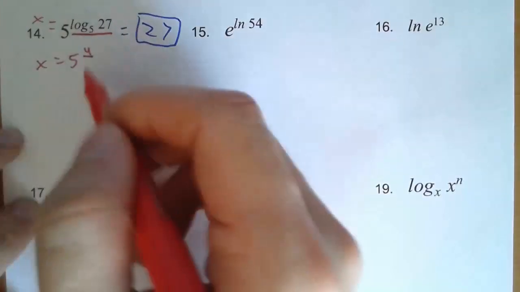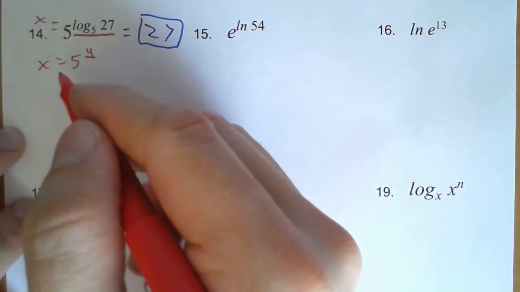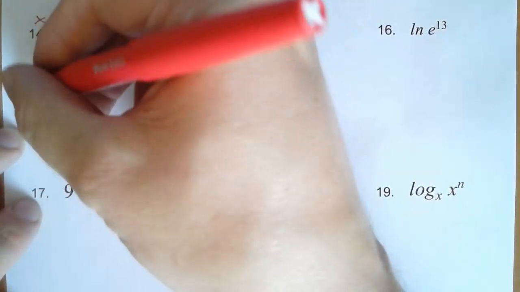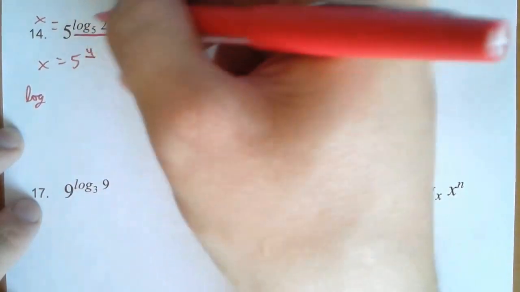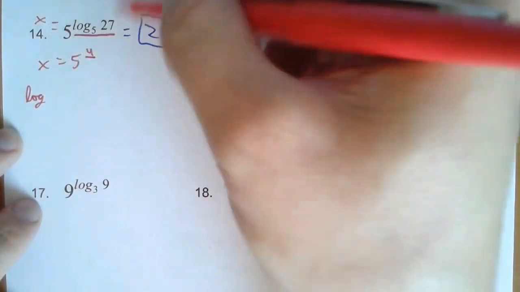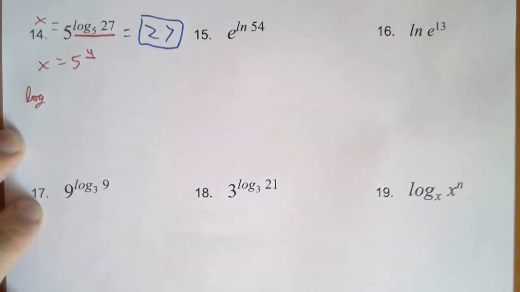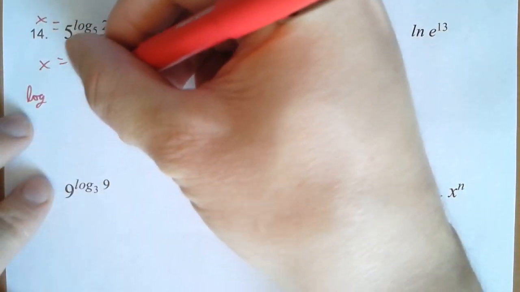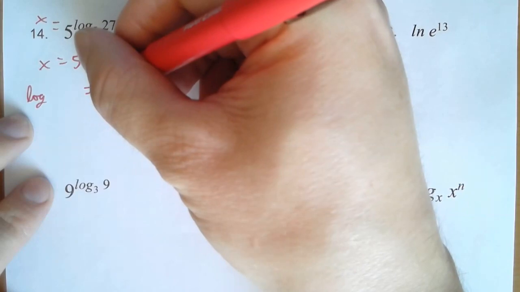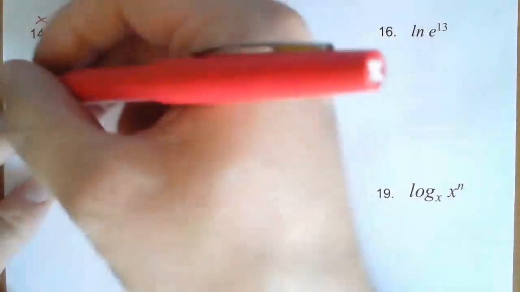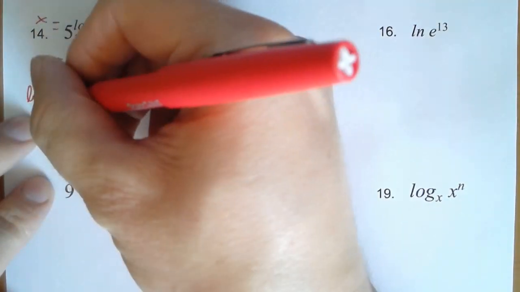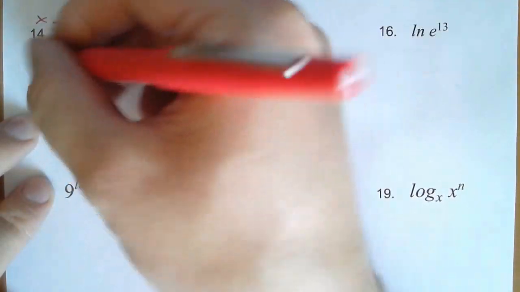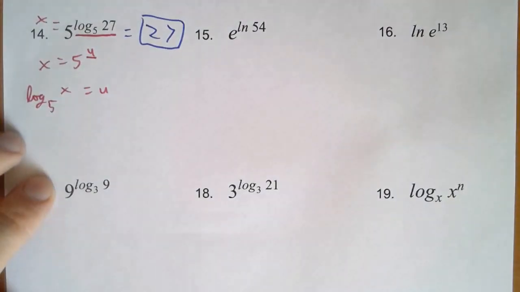So right now you can see that the main thing is exponential. That means we have to change it to log. Even though there was a log in the beginning, that's not the main thing. The main thing is the exponential structure. So then we'll switch it to log. Logs are exponents. The log is going to equal the exponent. It's going to equal u. Log base, well, the base is 5, and so the x has to go here.